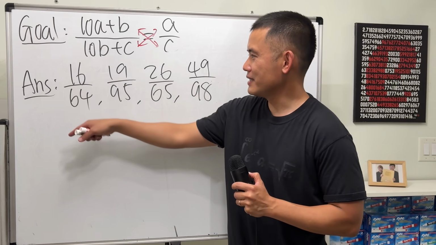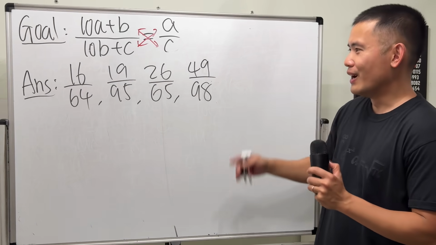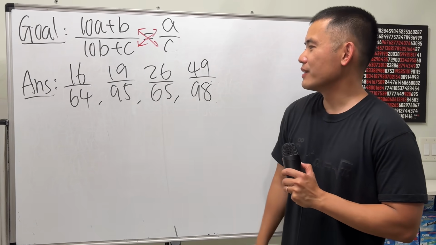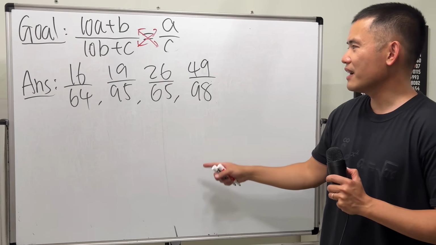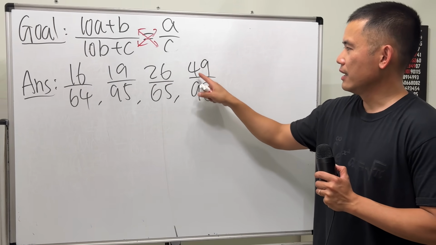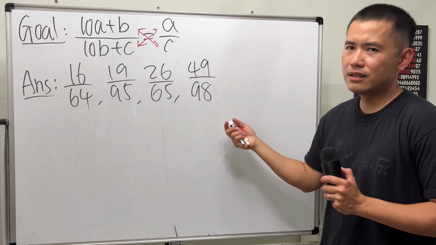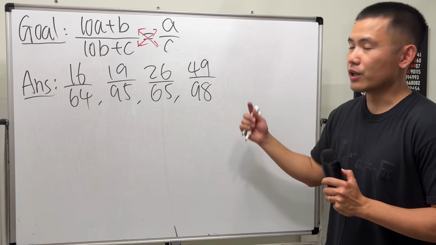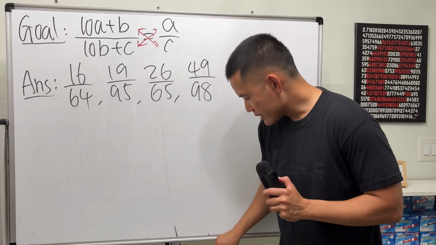And then they just crossed it out and then put 1 over 6 and then, whoa, I was so amazed by it. But anyways, and then next one, 19 over 95 and then 26 over 65. And this one, my least favorite because yes, you can cancel the 9 and this is equal to 4 over 8, but it's not reduced to the simplest form, which is just 1/2. But anyways, it works.